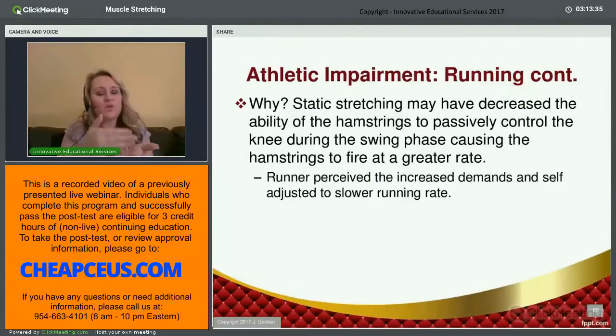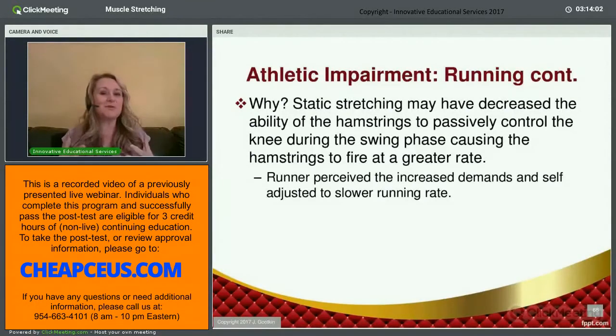Reason being, if the hamstring was inhibited from generating its power early on, it had to recruit more motor units to accomplish the same task. So it reaffirms everything that we've been talking about. And then the individual perceived that as, you know what, I had to work harder in the beginning of the run, and I ran slower in my first mile or two than I did in my later miles.